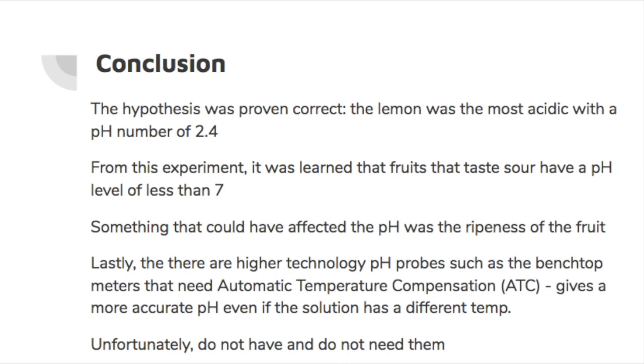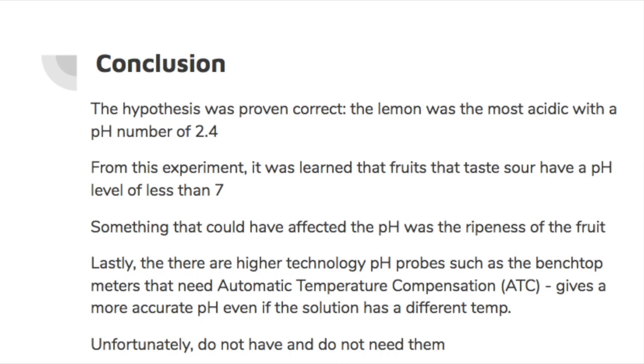For example, all of the 5 fruits that we tested were sour and had a pH number of less than 7. Something that could have affected the data that we got was the ripeness of the fruit, because our data was collected over a course of a couple days. In between these days, our fruit could have ripened a little bit more, which explains why our pH for the same fruit was different each of these days.